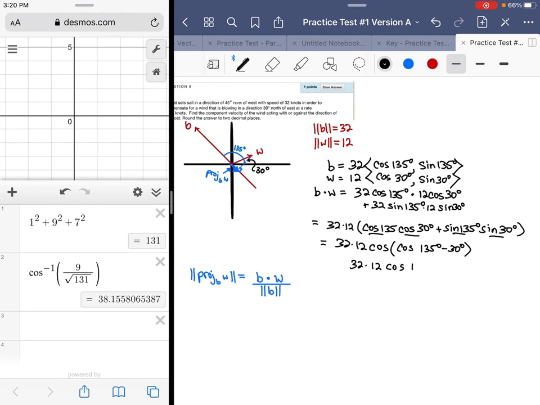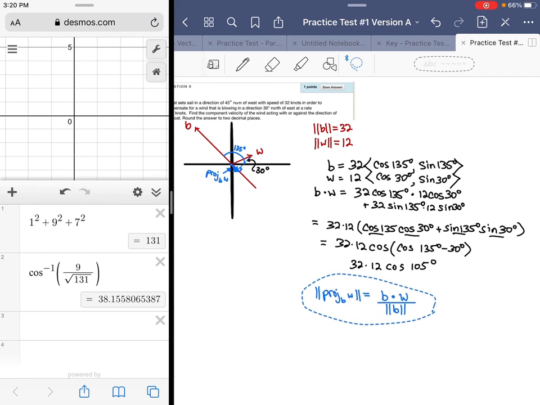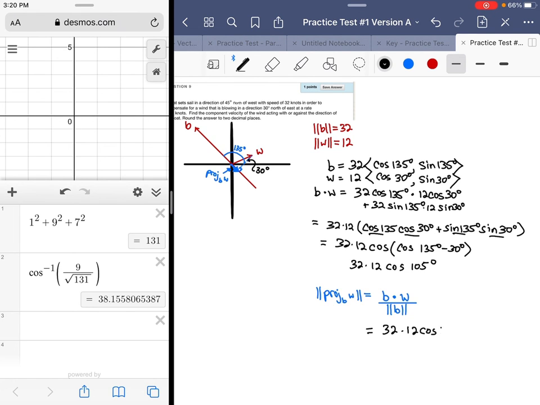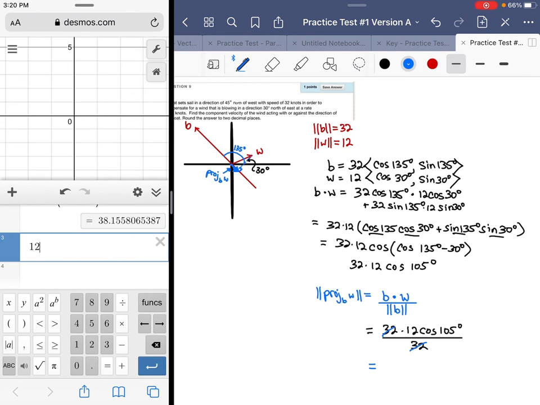So cosine 105. All right, and so from there I can pop into my formula because now I know my B and W: 32 times 12 cosine 105 over the magnitude of B, which is 32, cancel, and we would be left with just a simple calculation.